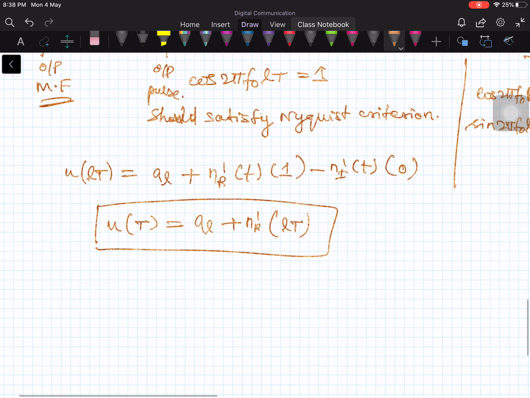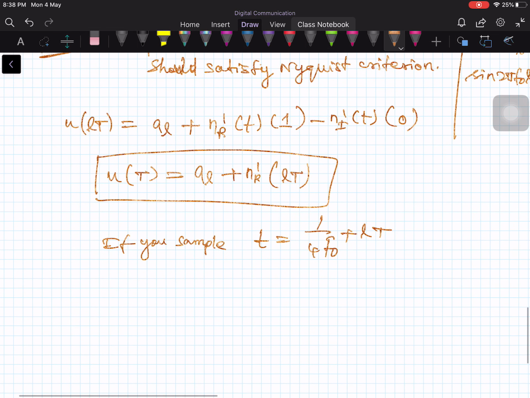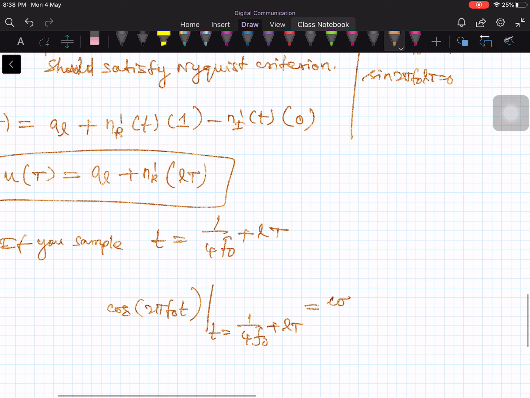This is the output of the matched filter at the sampling instant. Now for example, if you sample it somewhere else, if you take t equal to 1 by 4 f naught plus LT, then what will happen? Your cos of 2 pi f naught t, sampled there, is going to be cos of 2 pi f naught within a bracket 1 by 4 f naught plus LT.